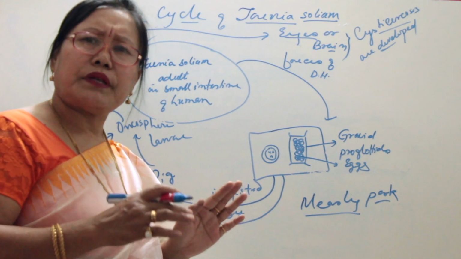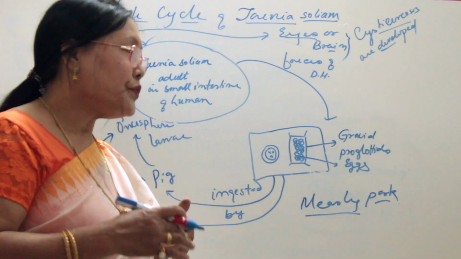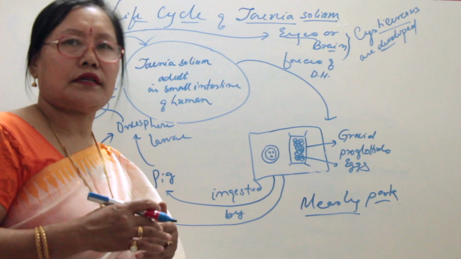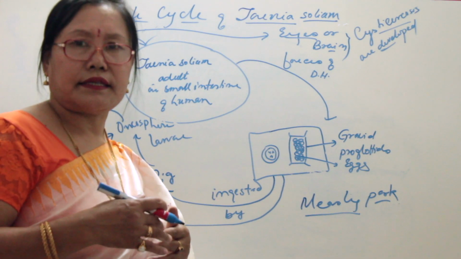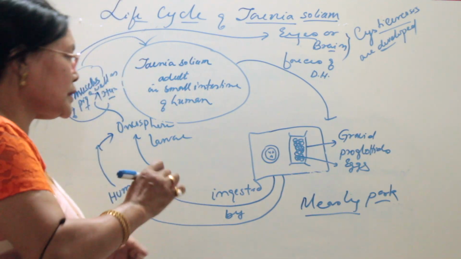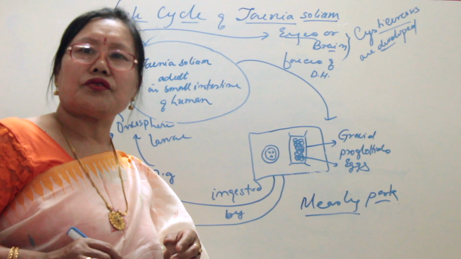But in case of the brain, it has a different name, neurocysticercosis, which can be discussed in the pathogenicity. Okay, so this is all about the life cycle of Taenia solium.